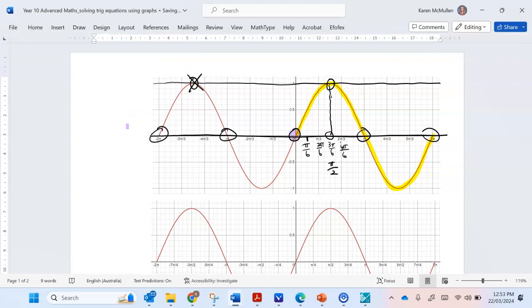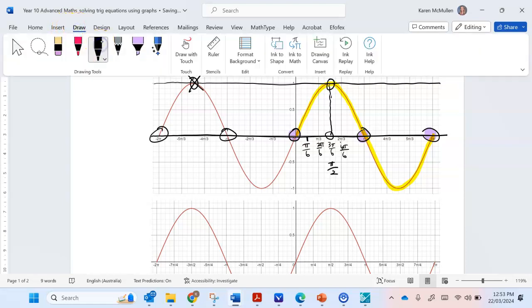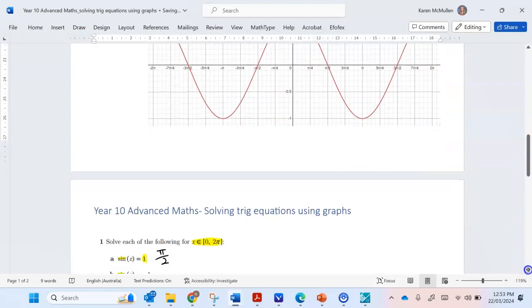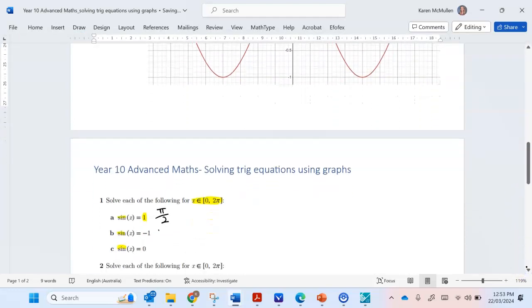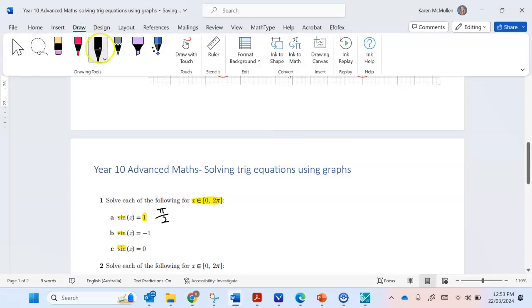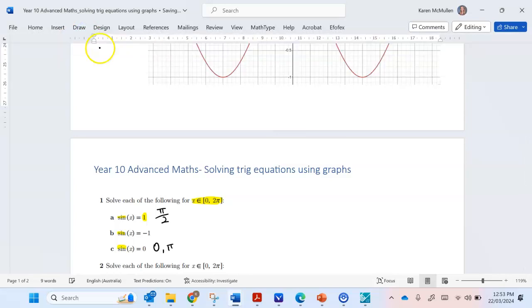All right, so we're looking at this solution, and this solution. So it's at 0. All right, so our first one is 0, then pi, then 2 pi. 0, oops, wrong one. The next one down. 0, pi, and 2 pi.